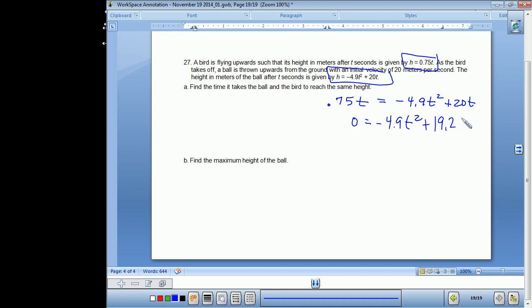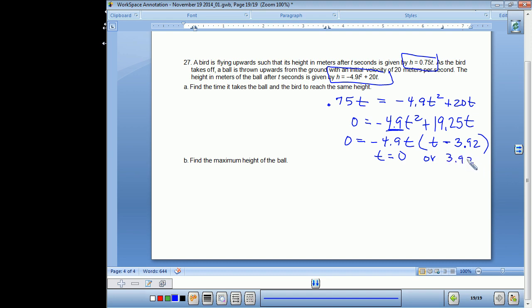And then you would have to factor out a negative 4.9 t right here. And then that would leave me t minus 19.25 divided by 4.9. 3.92? Okay. So t is either 0 right here or 3.92.